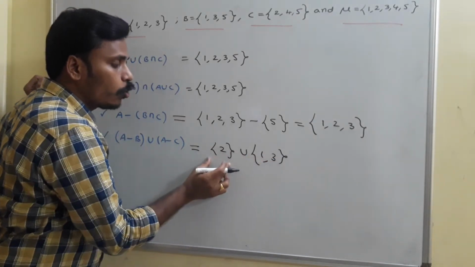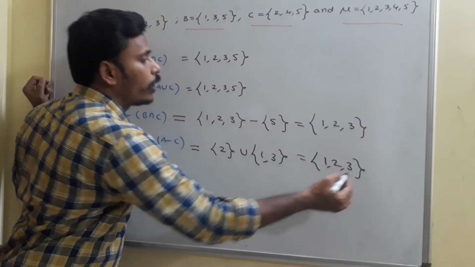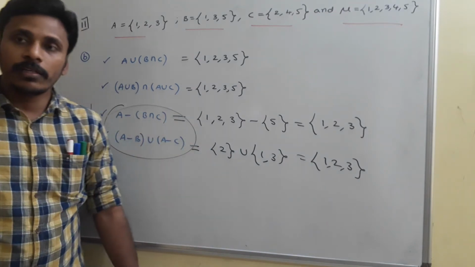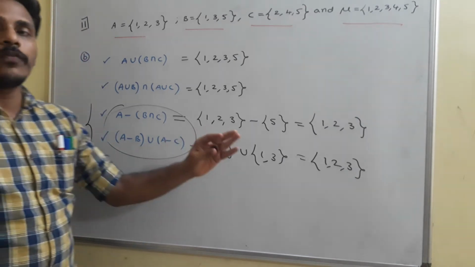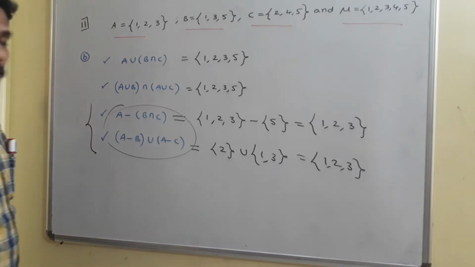And now {2} union {1, 3}. Union means we need to list out all the elements. Again {1, 2, 3}. That means these two are also the same here. Is it clear? That's the observation we need to write there. Just have a look and then I will give you the observations. I am erasing this.